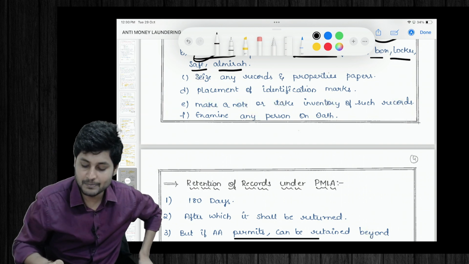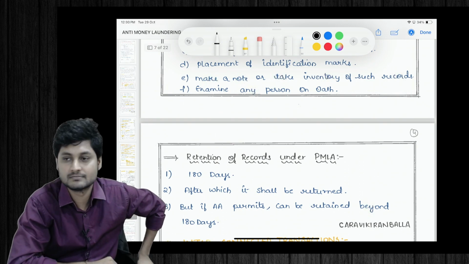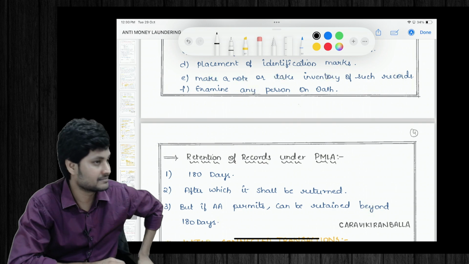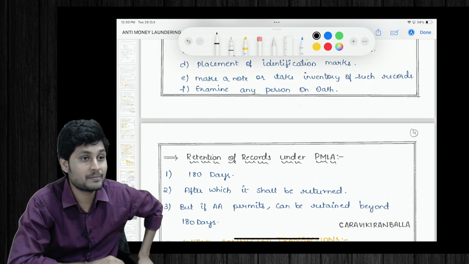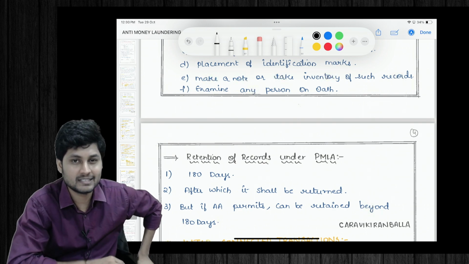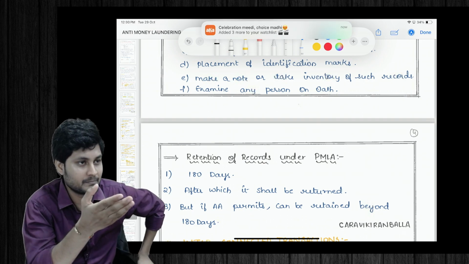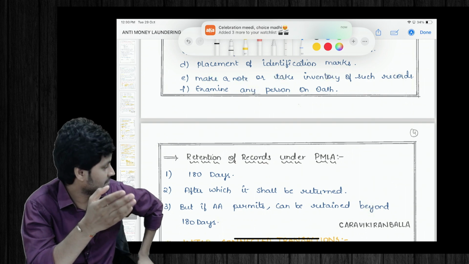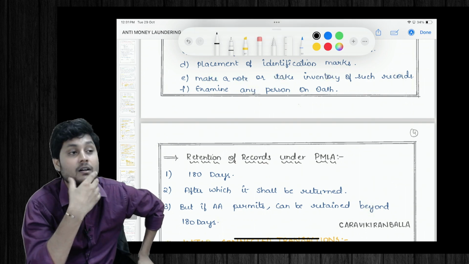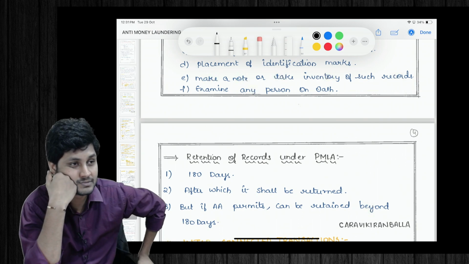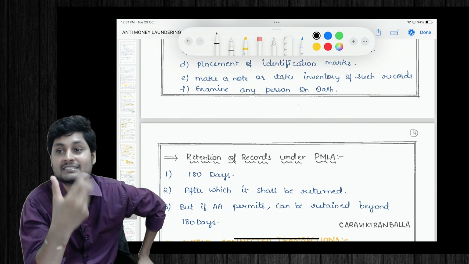Next one, examine any person on oath. What does it mean? They may examine any person on oath, meaning orally that person may be made to sit before you, and you may ask them, and they need to give you the answer.